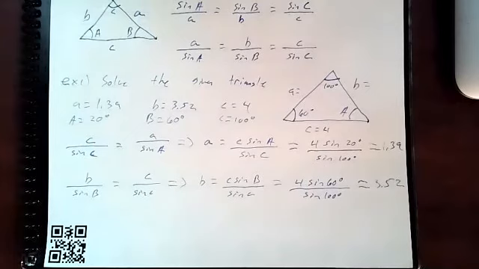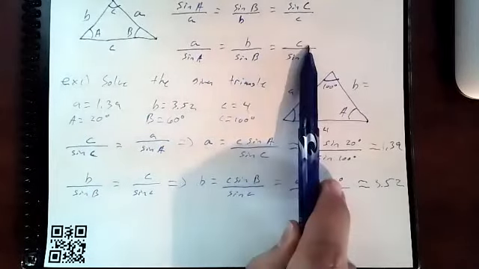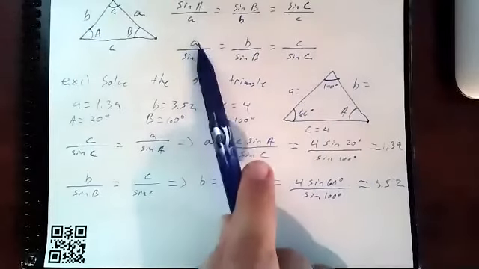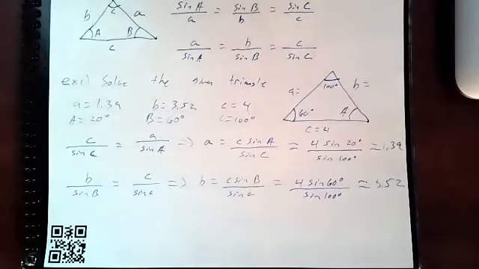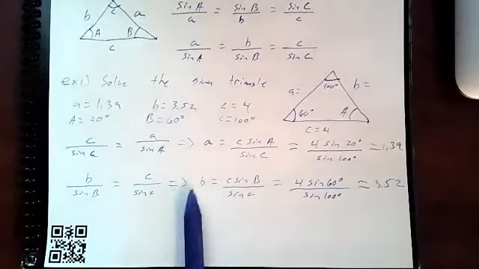Okay, so do you see how the law of sines formula works? You can set any of these equal to each other. Use the pieces that you have that are given to find the missing piece. That's all we're doing. And this little double arrow here, I skipped an algebra step.